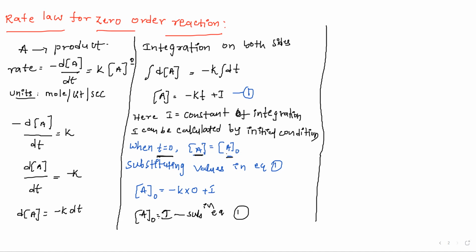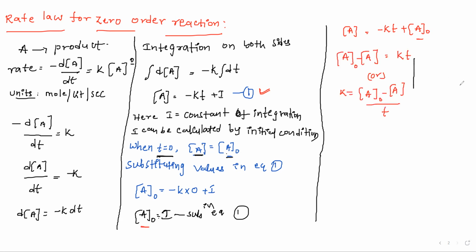So A is the molar concentration of A, and I am going to write here A is equal to minus KT plus A naught. Why are we writing A naught here? Because here I is equal to A naught.